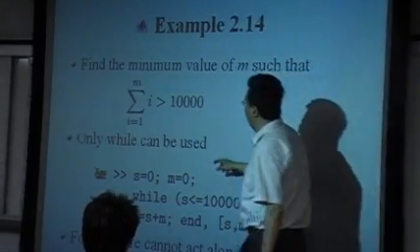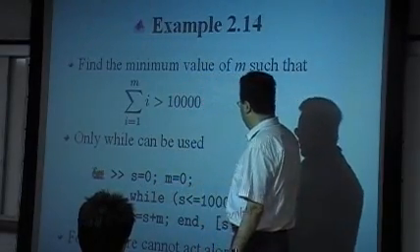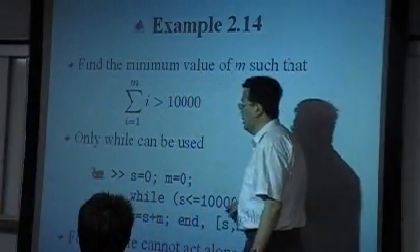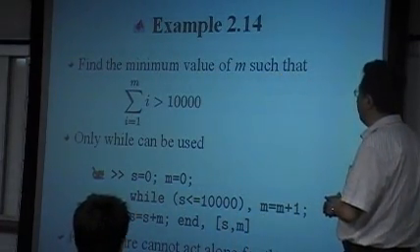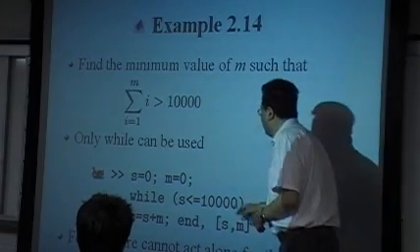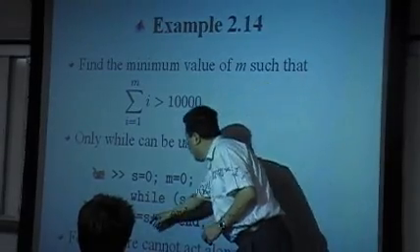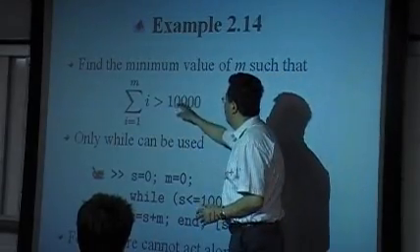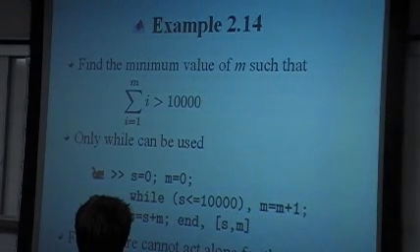We have to define that s is 0 and m is 0. And then we can use this condition to check whether s, the sum, is smaller than 10,000. If it is, then we can execute this statement and add 1 to m, and then go back to the loop again until the sum is larger than 10,000. Then the loop will be stopped. So in this case, we can find the values of s and m.